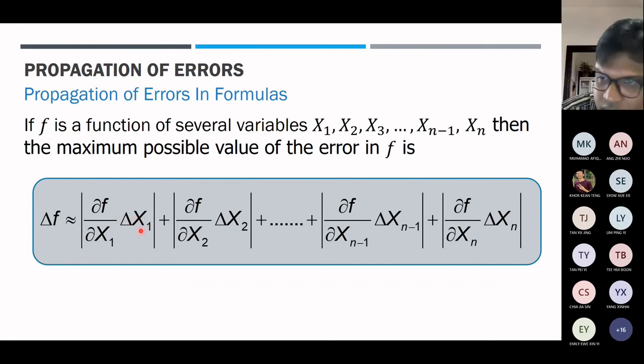So it only considers one variable for every term. Plus, if there is an x2, you only differentiate with respect to x2. The remaining variables will be constants. So this is the standard formula we use, which we call the propagation of error formula.